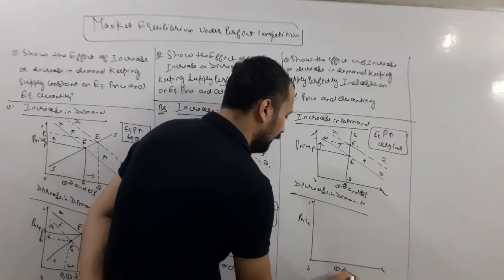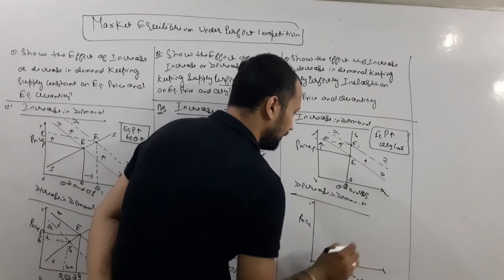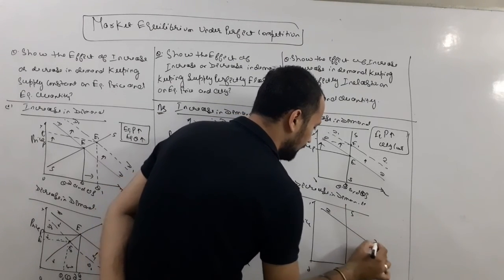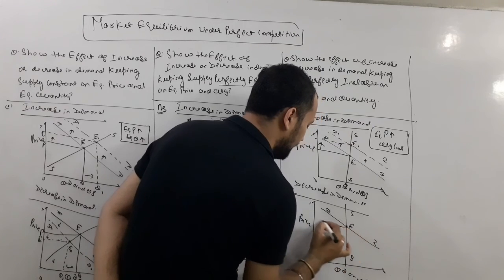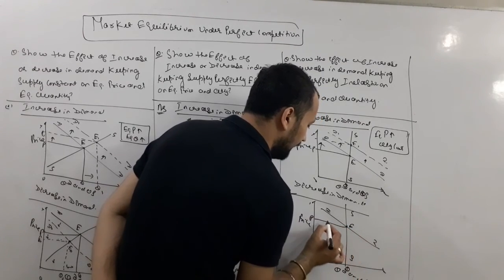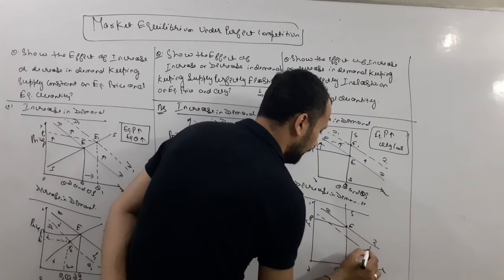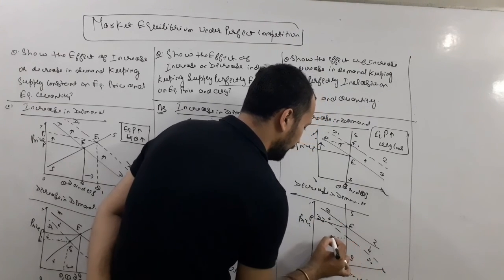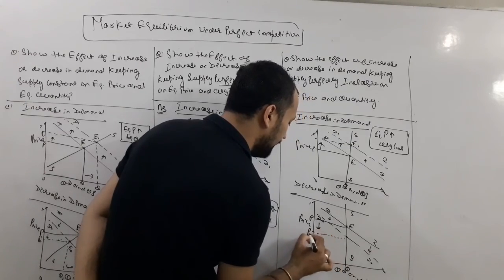Price, QD and QS. This is the supply curve, this is the demand curve, this is the point of equilibrium, this is the equilibrium price and this is the equilibrium quantity. When demand decreases from DD to D0, D0, this is the new point, where equilibrium price reduces from OP to OP0.